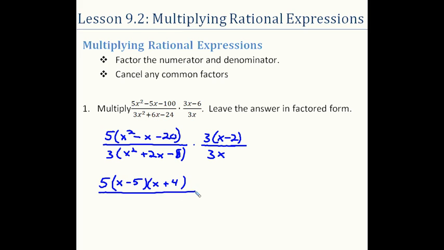In the denominator, we want factors of 8 that will subtract to give us -2 or +2. Factors of 8 that give us 2. So we can have an x plus 4 and an x minus 2. We have our second fraction here.